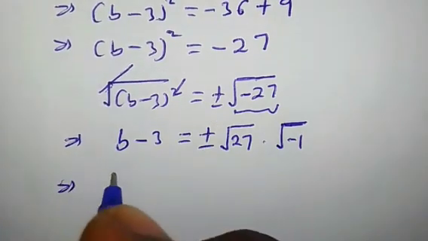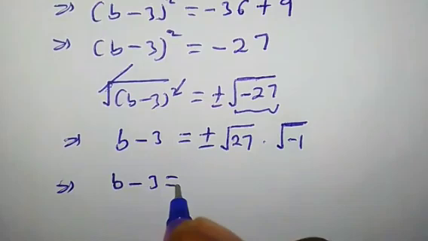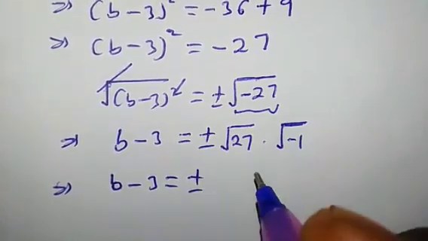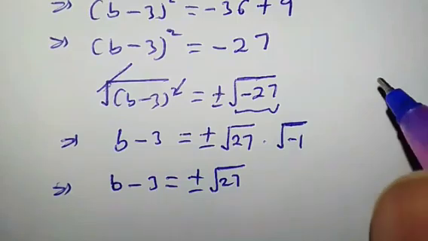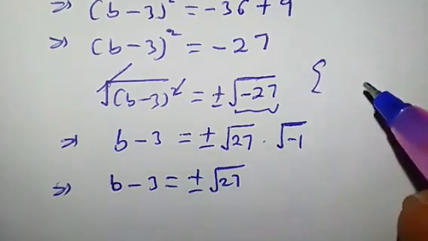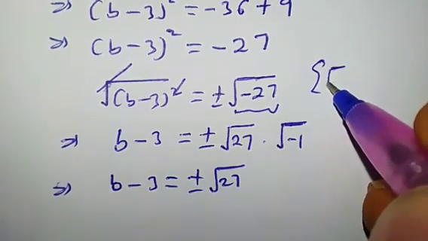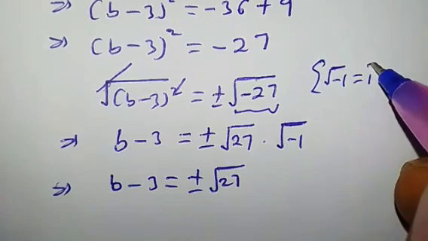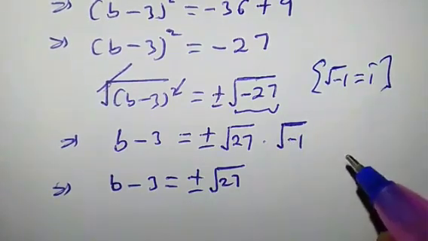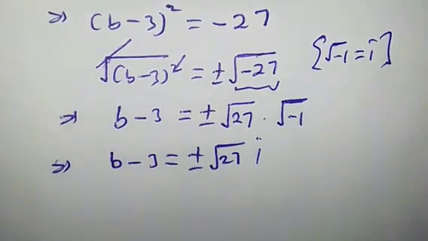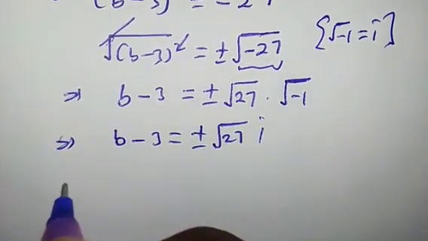This means that b minus 3 is equal to plus or minus the square root of 27. Don't forget, from complex numbers, we know that the square root of minus 1 is equal to i. So we are going to replace this square root of minus 1 with i.